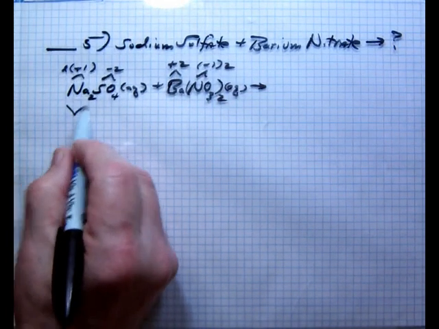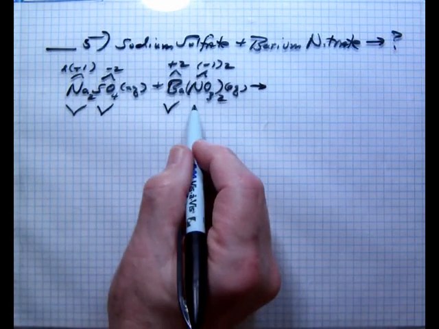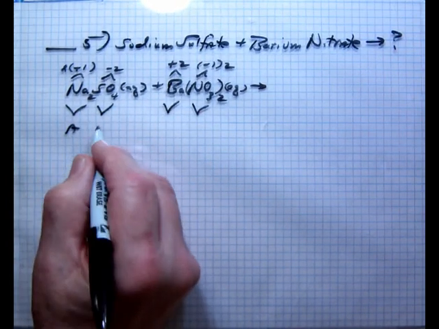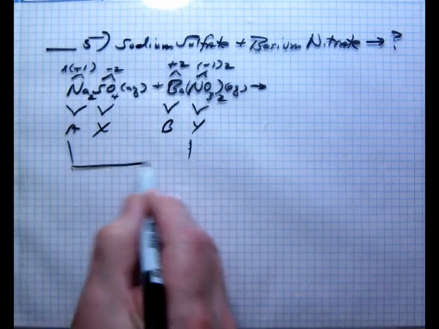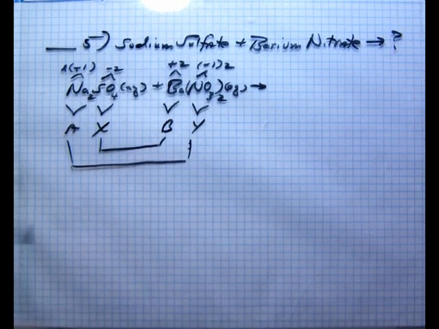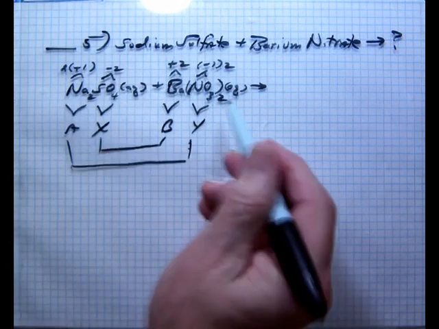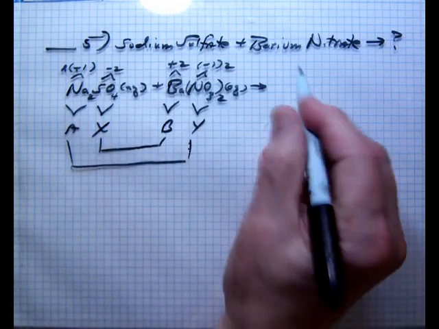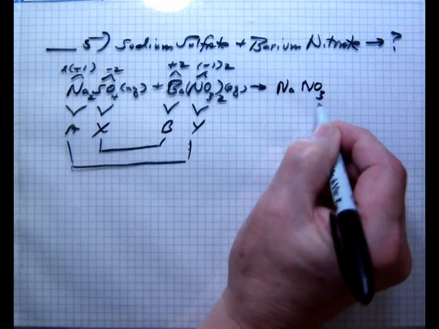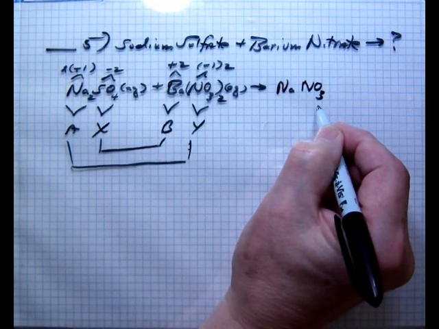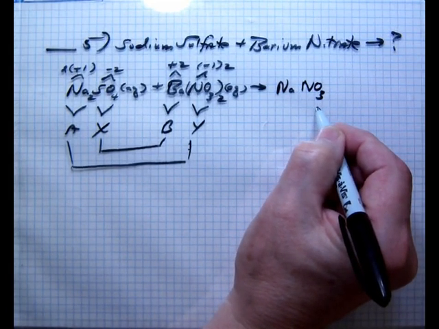And so we have AX and BY. Just for your review, AX and BY. And I showed you that if you connect the inside and the outside and balance the charges, then you'll have the proper compound. So sodium hooks up with a nitrate. And remember, the only subscripts you can take to the product side are those that are associated with polyions.